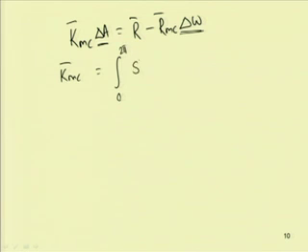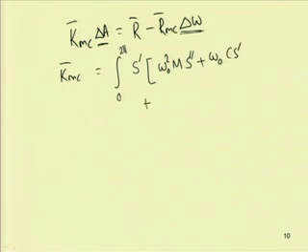So, this will be equal to S transpose into omega 0 square m S plus omega 0 C S dash plus k plus 3 k 3 into S into d tau.